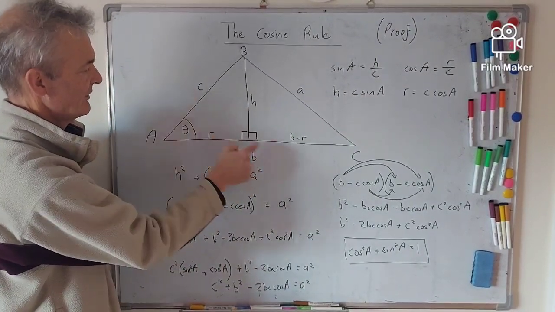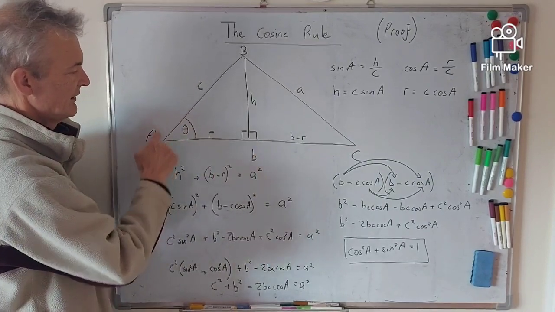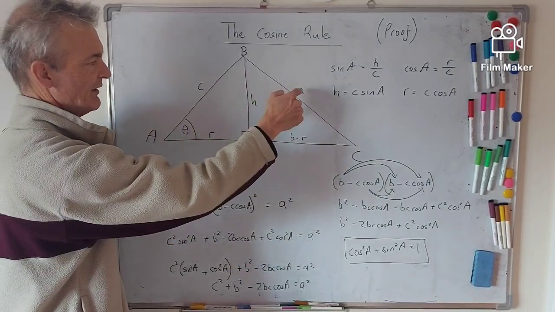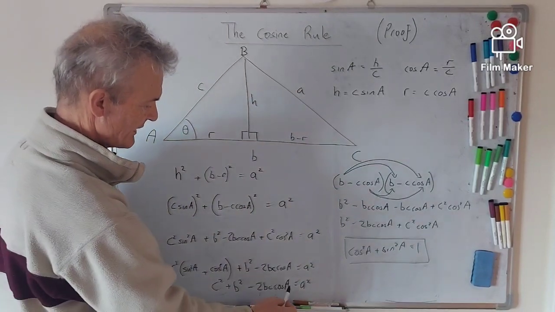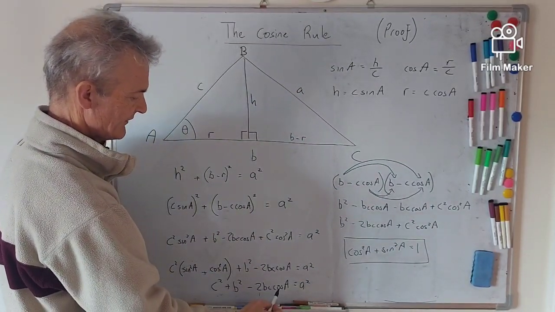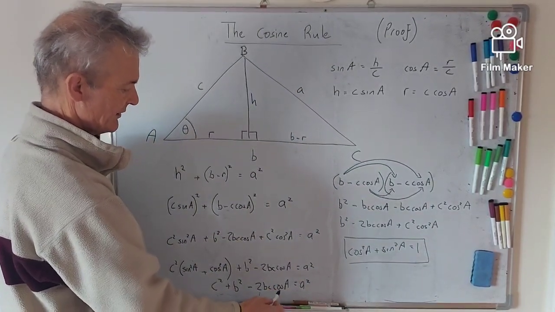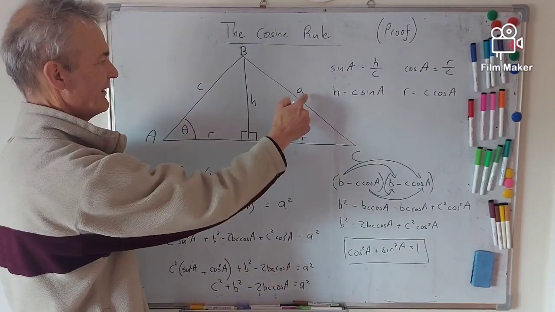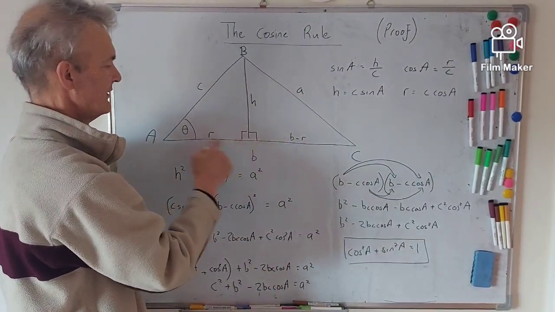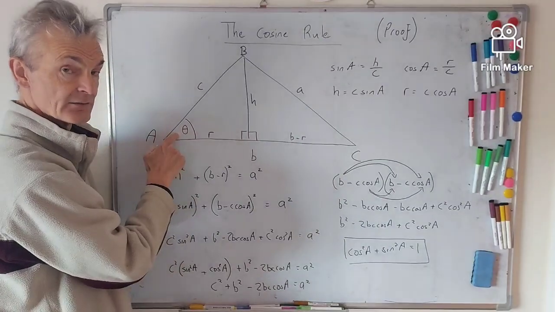Okay, so if you've got two sides and an angle in between them, you can find the opposite side. Now you would have to rearrange this if you were trying to find the angle, for example, cos A. So if you had that side, and that side, you could find this angle.